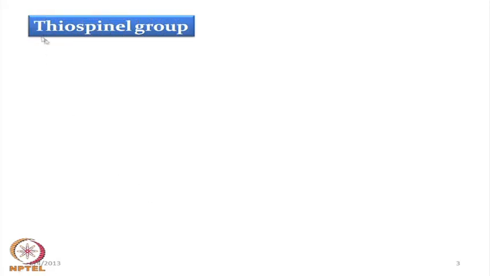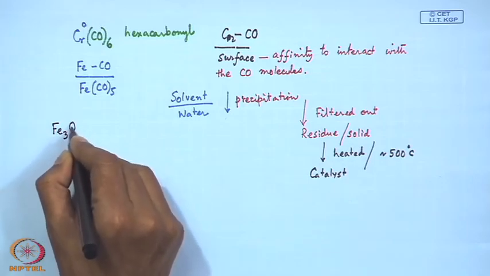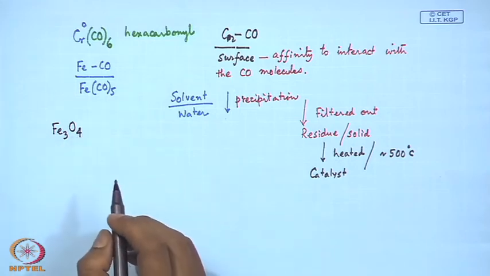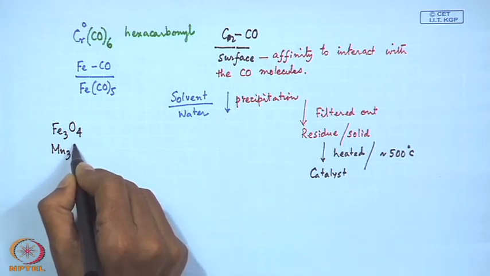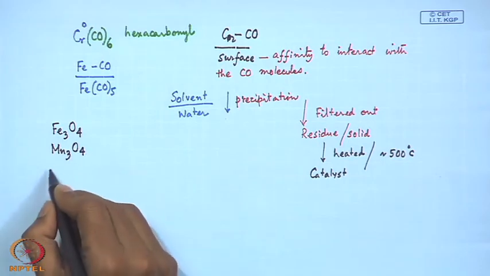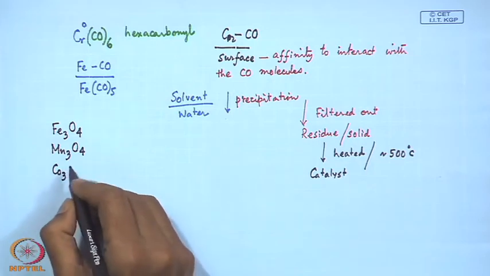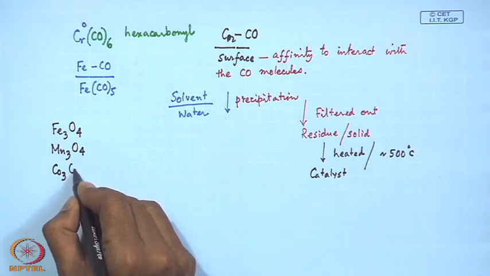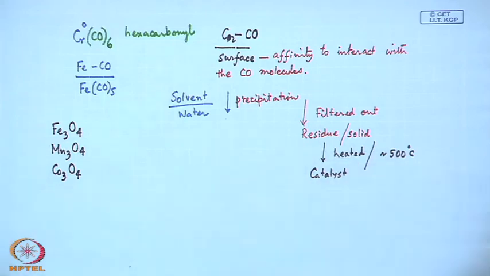Next, we will see some molecules which belong to the thiospinel group. Whenever we see the magnetite or hematite molecules, we see that there are several such spinel molecules available, where manganese 3, cobalt 3 or iron 3 centers are there within the O4 oxide lattice structures.